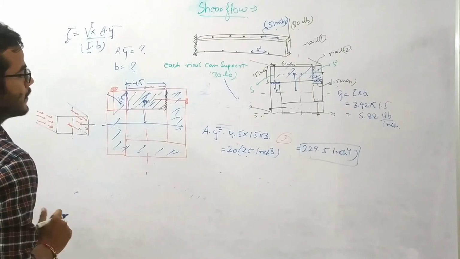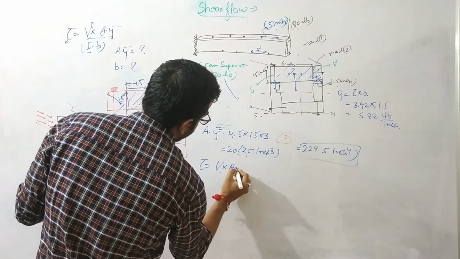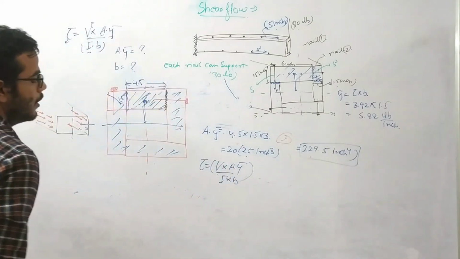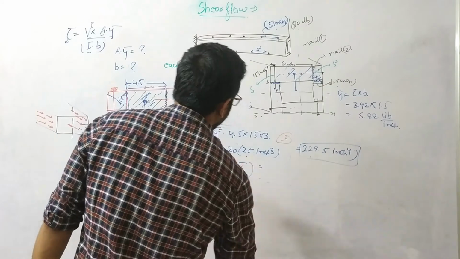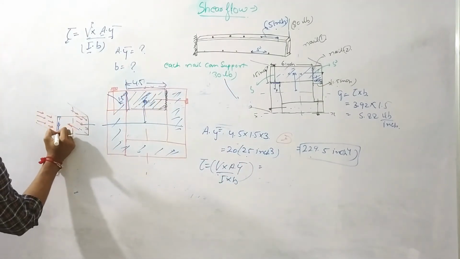Remember that. Now tau equals V into A y bar over I into b. Now what will b be?